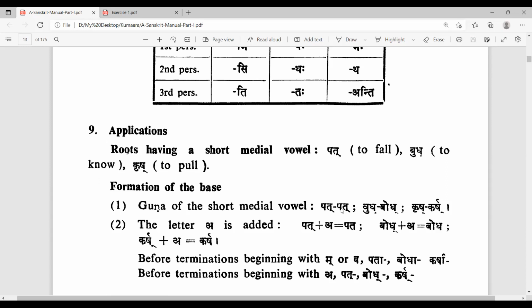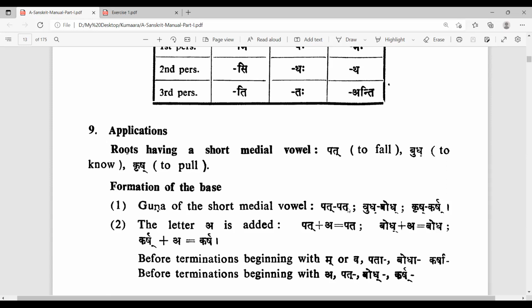So it doesn't say it is ik, it doesn't say it is equilateral. Ik covers I, U, R, L, right? It includes A also because the guna of A is A only. No significant change you see here. Pat is pat only. But Panini says ik for guna and vriddhi, right? Iko gunavriddhi. Anyway, in case later when you teach somebody this, all these things you can say like that.